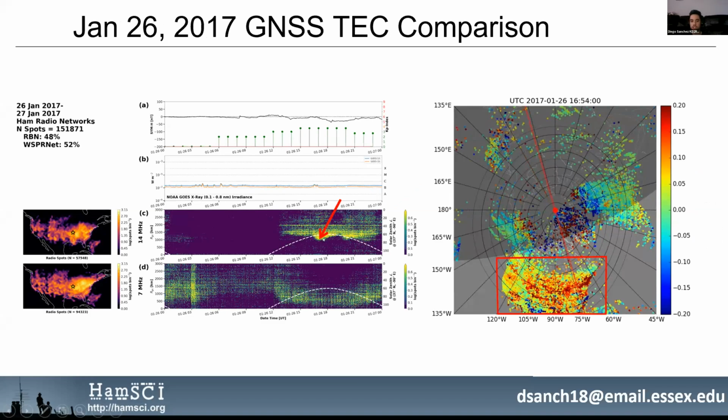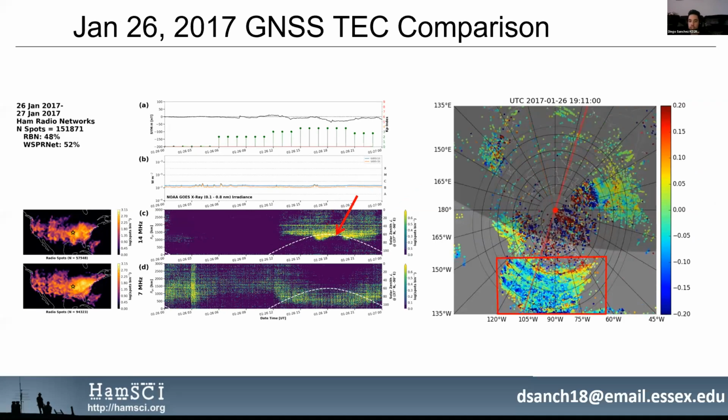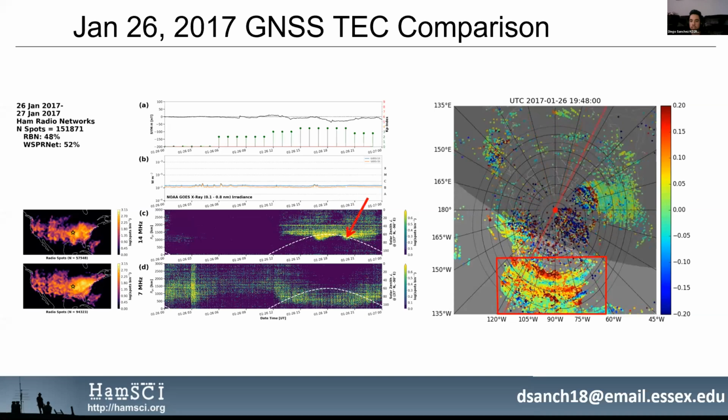We see a much sharper decrease in the range of the spots, and we see a much greater change in total electron content. And as we expect, as the distances increase again, we would see a decrease in total electron content. And then again, as distances decrease, an increase again in TEC, total electron content.